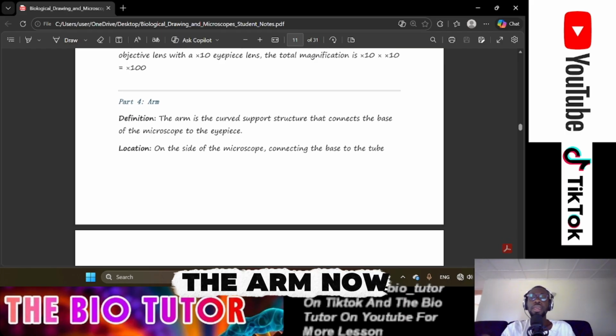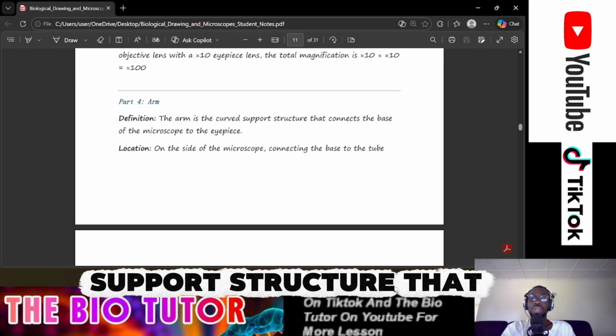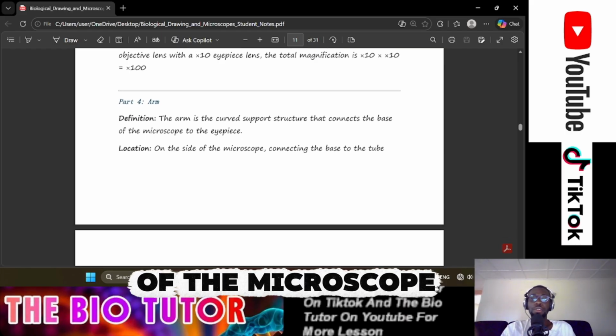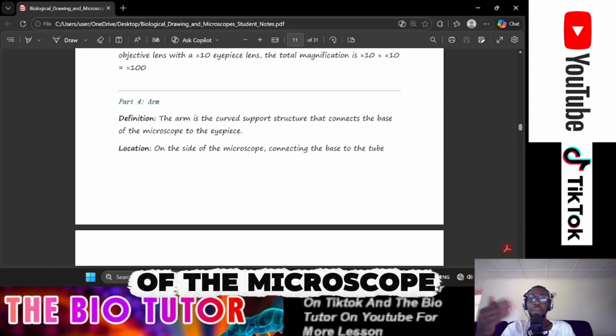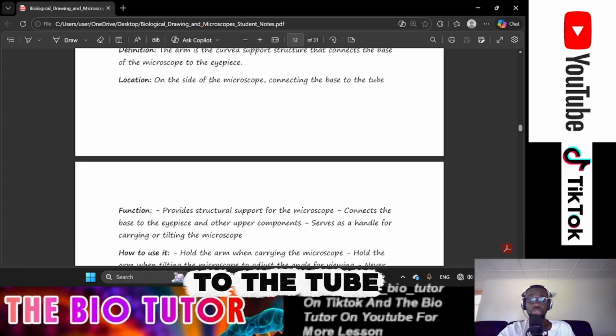Let's go to the arm. Now, the arm is the curved support structure that connects the base of the microscope to the eyepiece. It is found on the side of the microscope, connecting the base to the tube.